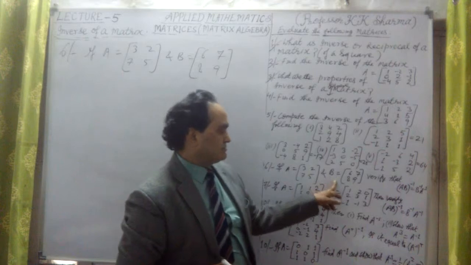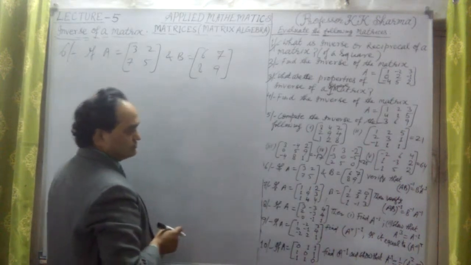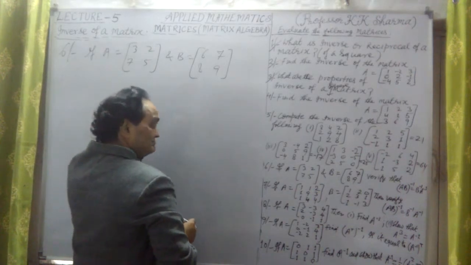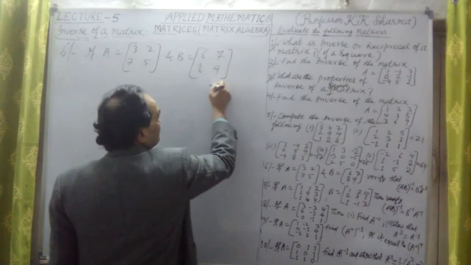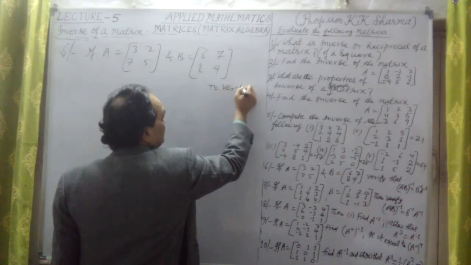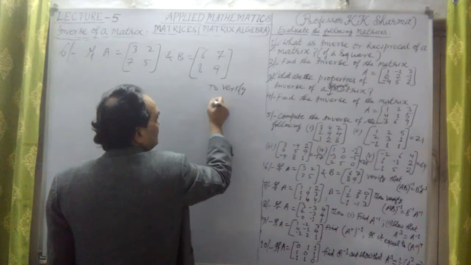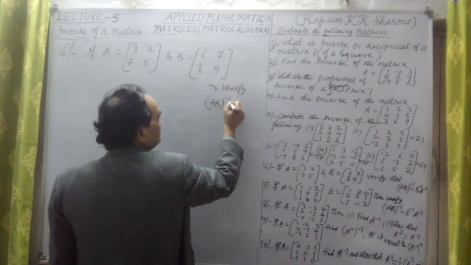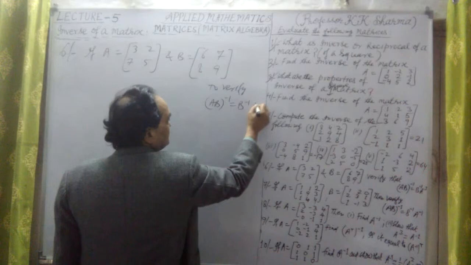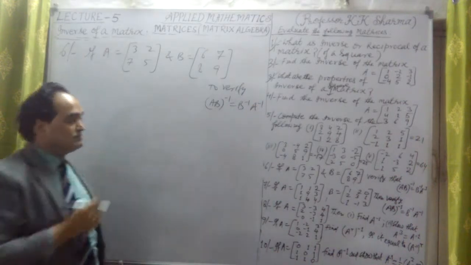It is B here. And verify (AB) inverse equals B inverse into A inverse.